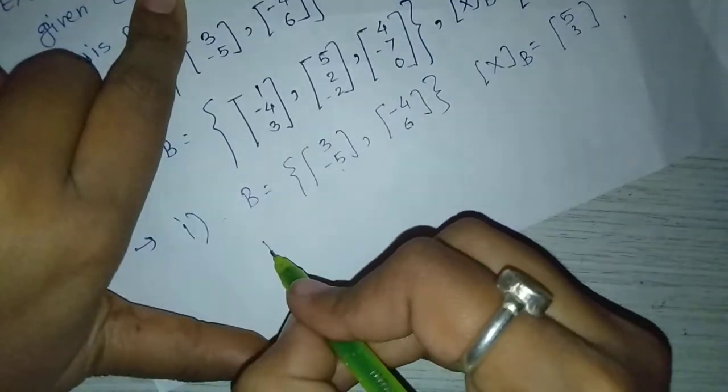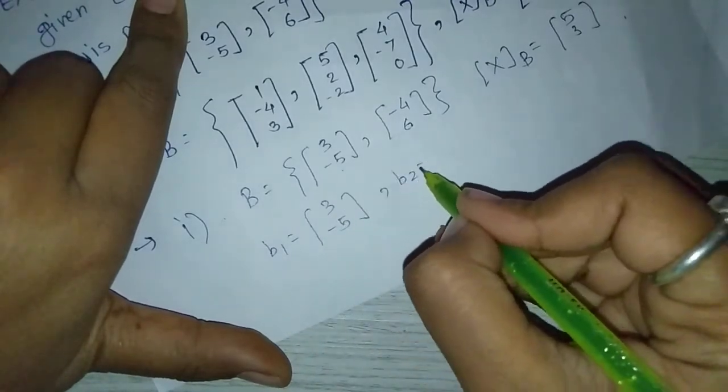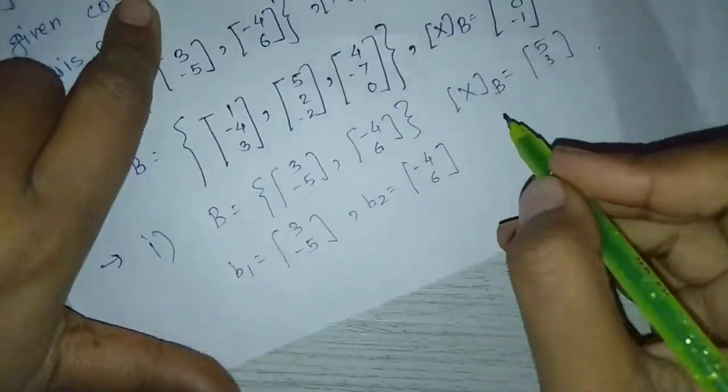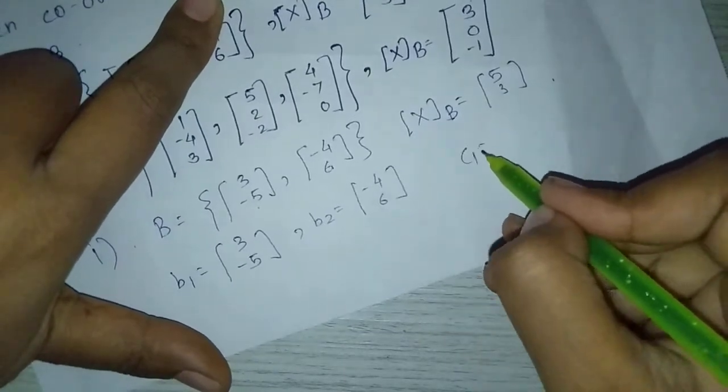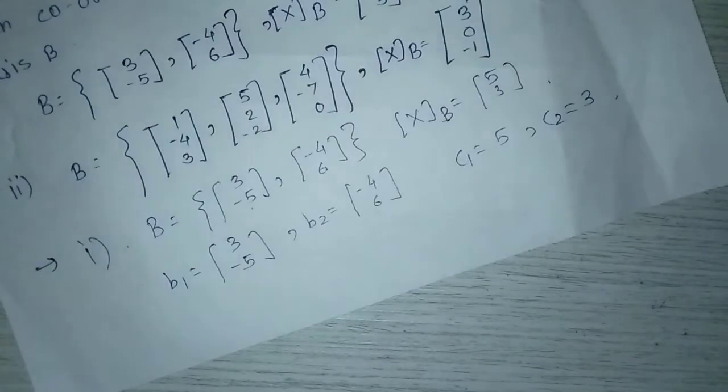Take B1 equal to (3, -5), B2 equal to (-4, 6) and C1 equal to 5, C2 equal to 3.